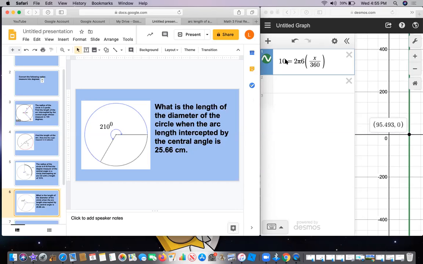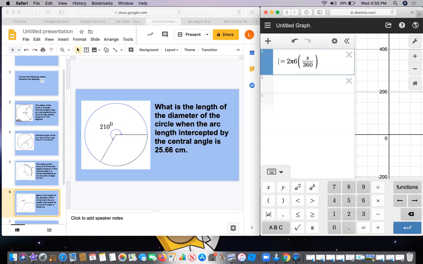So I'm going to write back the formula. The arc length is equal to 2 pi r times part over whole. Here, the whole, because of the word degree, is 360.